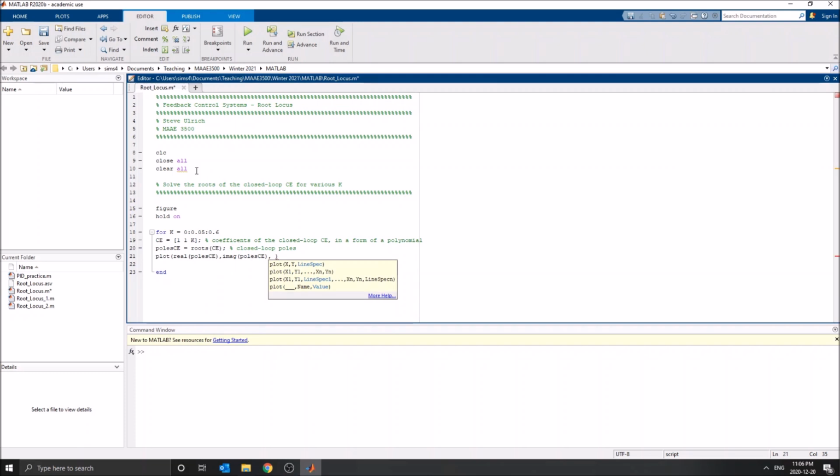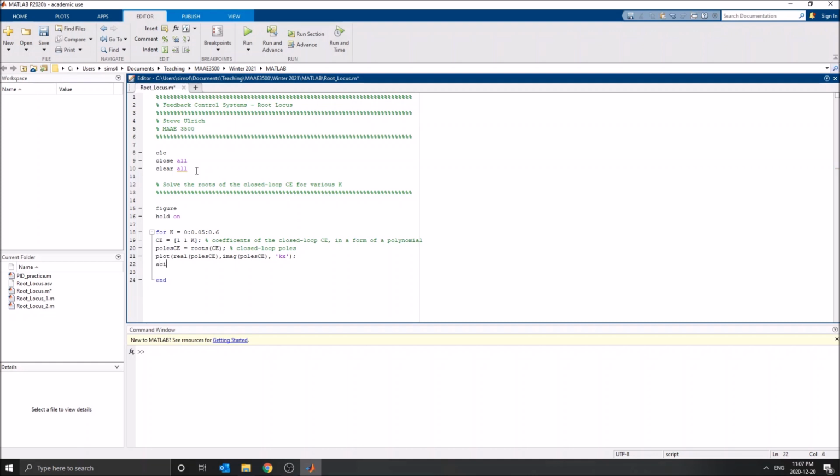And I'm going to plot them with little stars, so that's x. And instead of using the default color, which is blue, I like to use black. So k for black, x to specify that I want the poles to be visualized as stars on the plot.